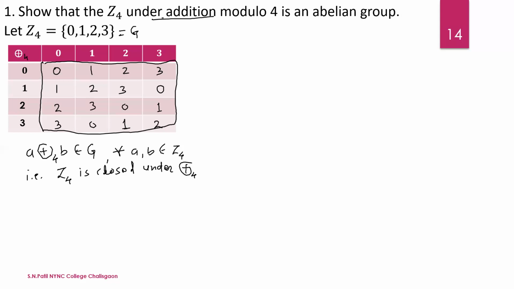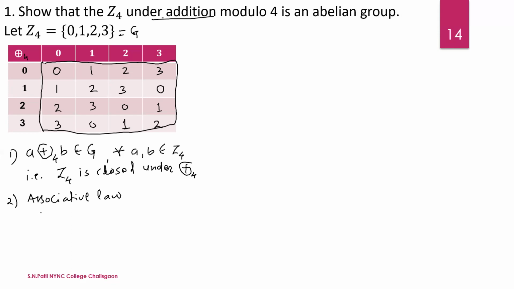Now next is the associativity law. Now take the three elements. The binary operation is addition. This is the first property. Now second is the associativity law. Okay. Now addition of residue classes modulo 4 is associative.